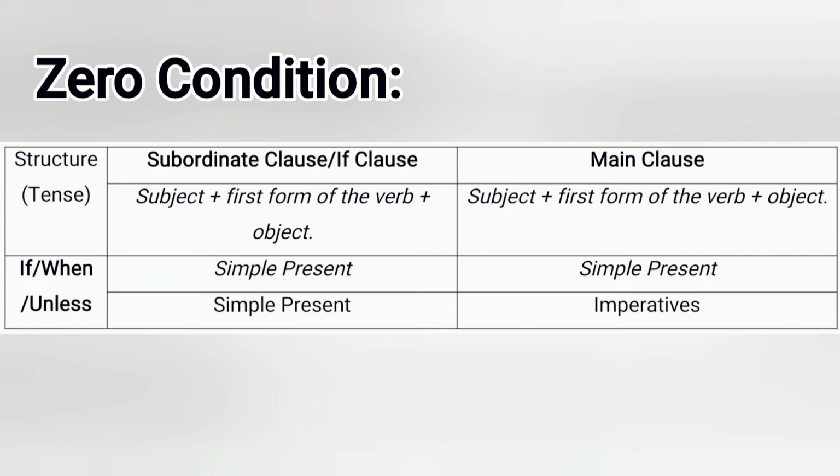We also call it the simple present form. Main clause, the result, subject plus first form of the verb, we also call it V1 form plus object, the simple present. Sometimes we also can use imperative sentences in zero conditions.